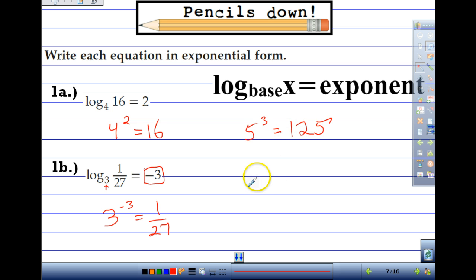Let's write that in logarithm form. There's the base. The base is the big number, right? So the log of base 5, 125, equals the exponent. The answer is always the exponent. These two things mean the same thing.